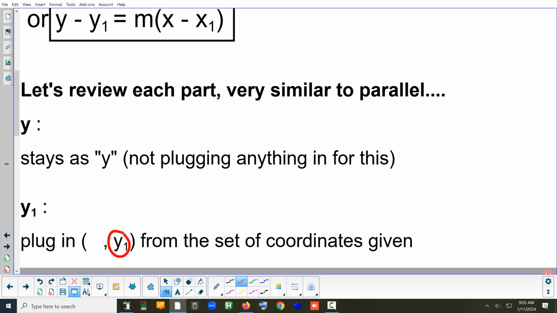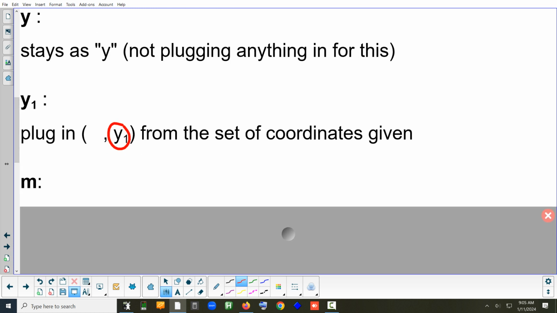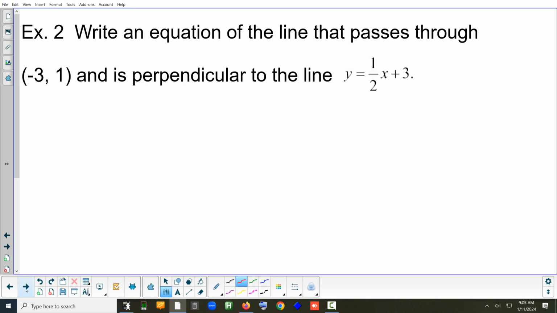Okay, so we got the y, we got the y1. What's the next letter that comes after y1? M. And what's m? That's my slope. Now, this is where it's a little different. Yesterday, we wanted parallel. So we looked at the line they gave us, and the slope they gave me is 1/2.